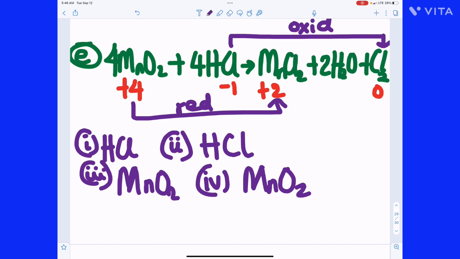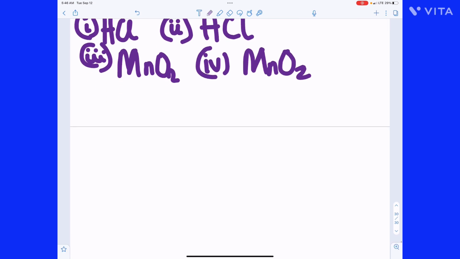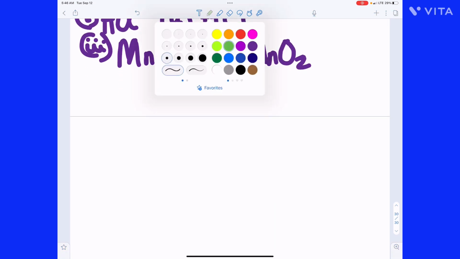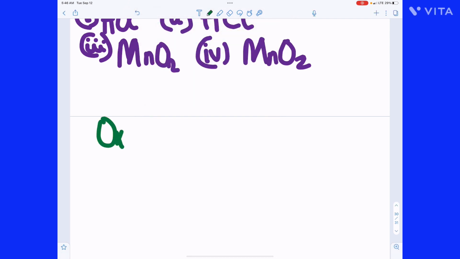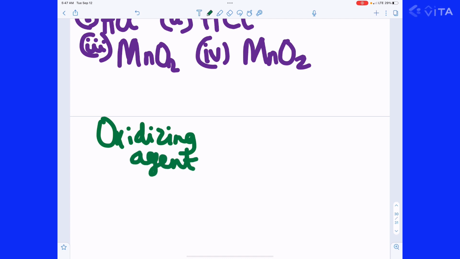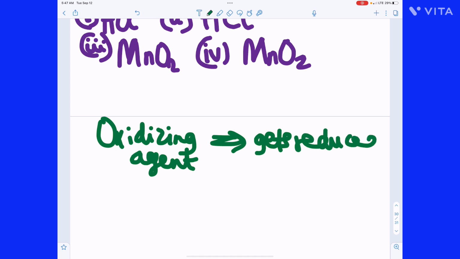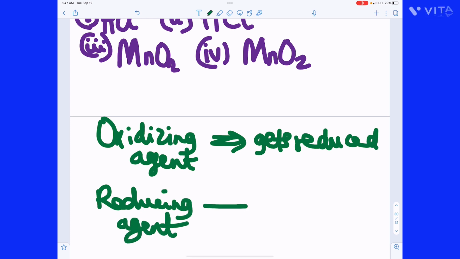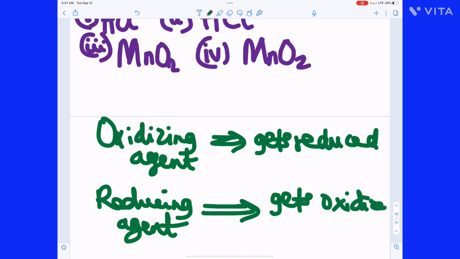So take note, in a redox reaction, the oxidizing agent gets reduced. The oxidizing agent is also the agent that gets reduced, and the reducing agent also gets oxidized.